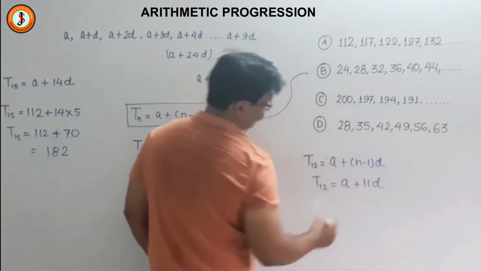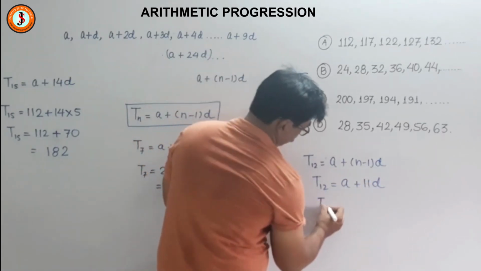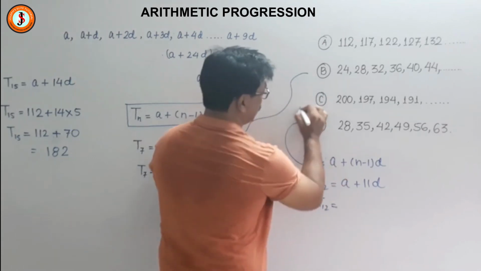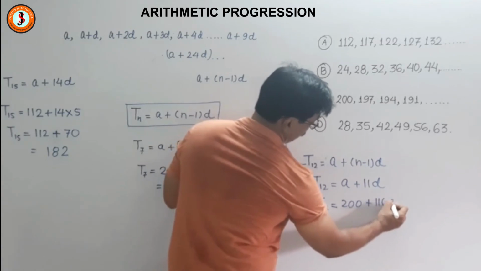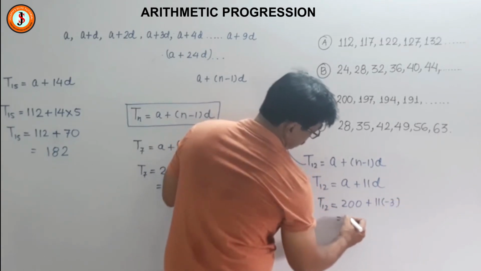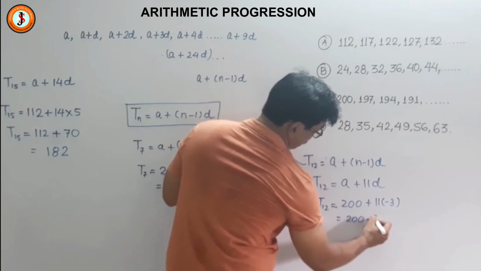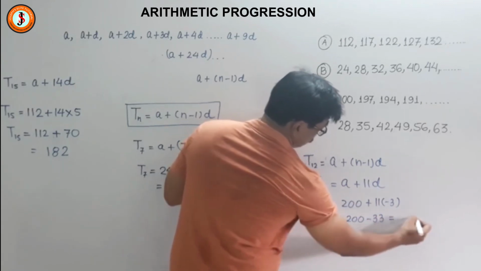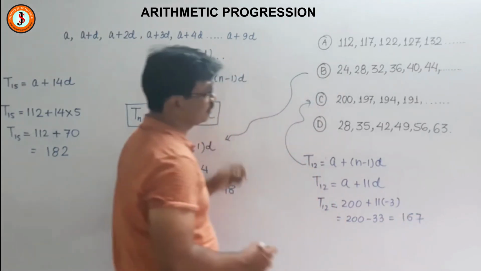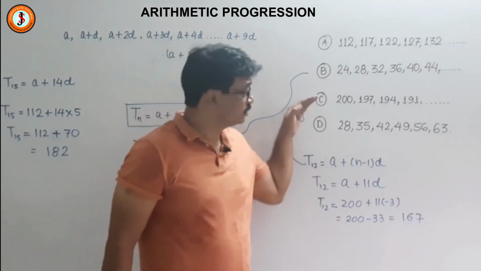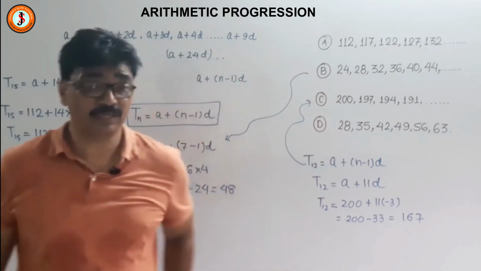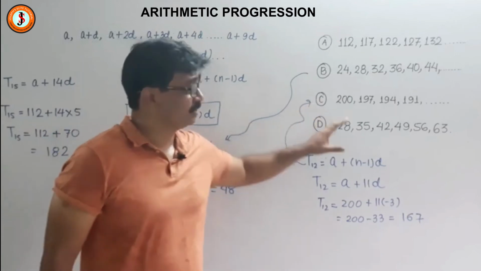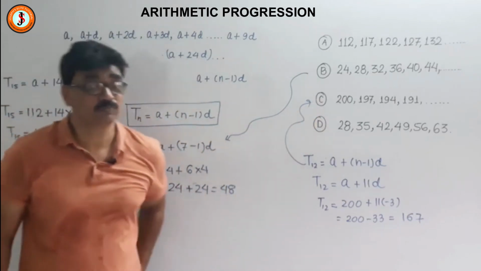For this question, A is 200, so 200 plus 11 into minus 3. So this will be 200 minus 33, which is 167. So some APs are in decreasing order because the common difference is negative, and increasing means the common difference is positive.